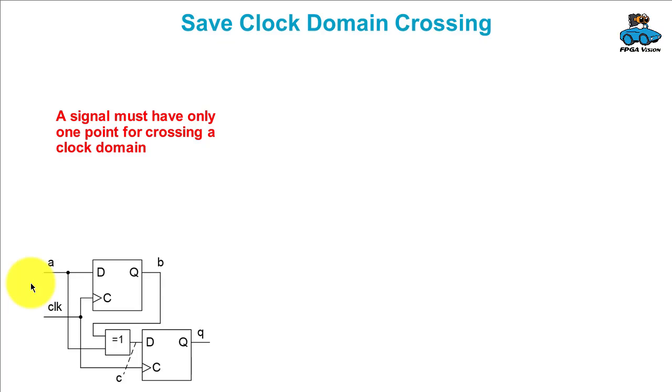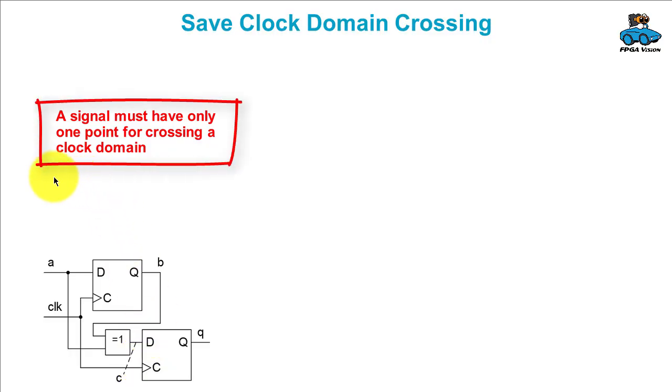The problem is that the signal A has several points for crossing the clock domain. So A goes into this flip-flop with a new clock, and by passing the XOR gate, goes also in that flip-flop with the new clock cycle. And this has to be avoided.